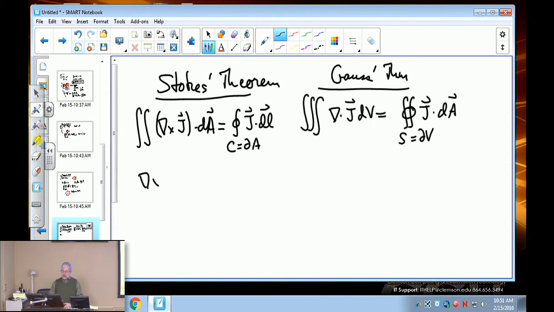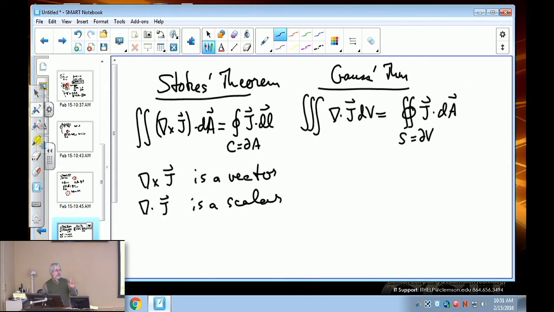And notice here again the curl is a vector, whereas the divergence is a scalar. The direction of the curl, remember, is the axle of the curl meter. If you're going to put the curl meter into a flow, the spinning of that curl meter depends on how you orient the axle of the curl meter. That's why it has a direction associated with it.